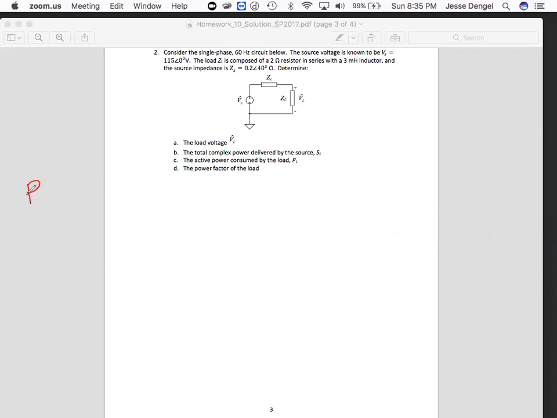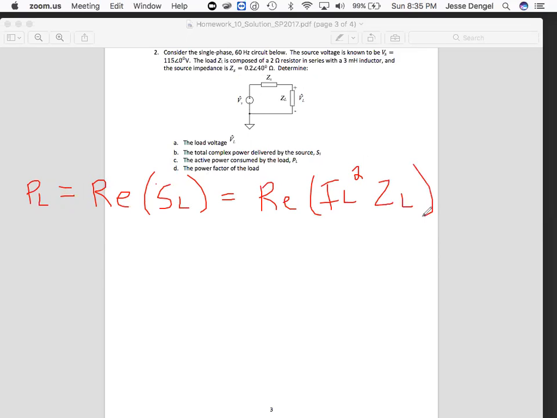So PL, the power of the load, is equal to the real part of SL, which is equal to the real part of IL squared times ZL.